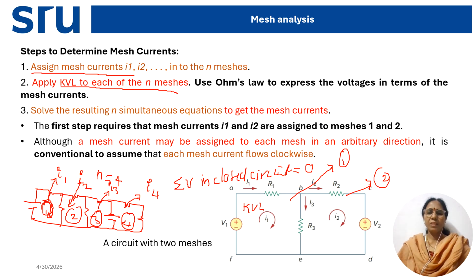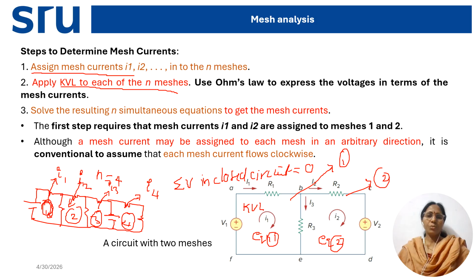Mesh analysis is nothing but, indirectly, the application of Kirchhoff's voltage law. Then the next step is to solve the resulting n simultaneous equations to get the mesh currents. Whatever equation you get in loop 1, equation 1, applying KVL, and in loop 2 you will get equation 2.